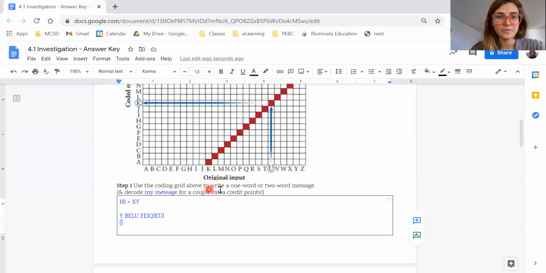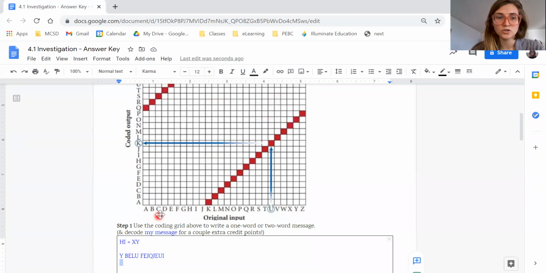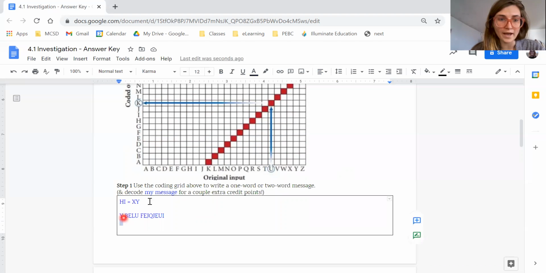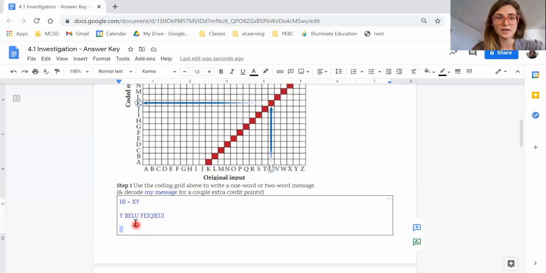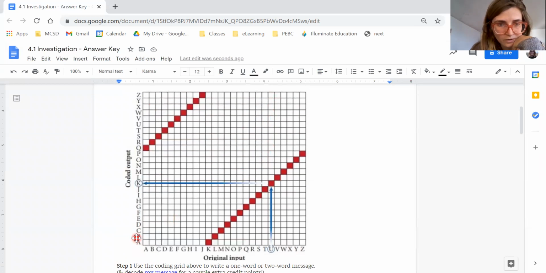So I put a code down here that I asked you guys to decode. So these are my coded outputs. So I'd go along here and I find the Y. So I go up to Y and then over to the red cube and then all the way down, and I see that it's I. So I'm going to write I. And then this second word is B-E-L-U. So B is right here. I go over to the red cube and down.